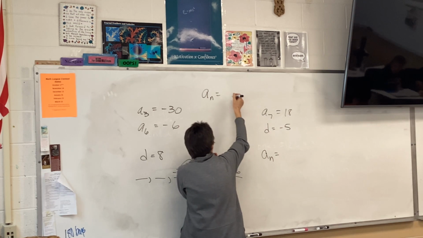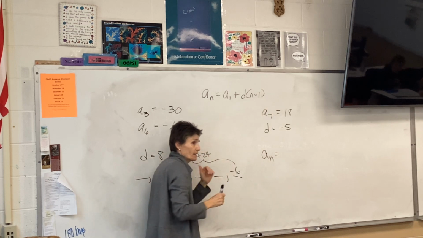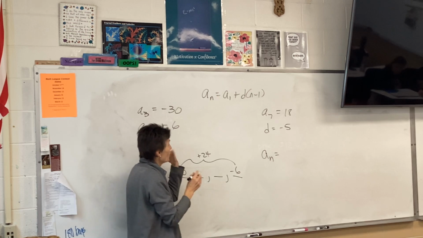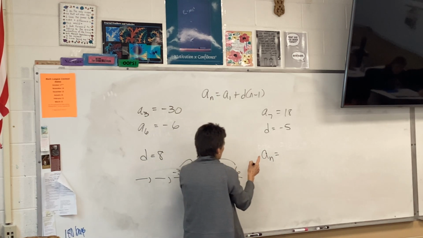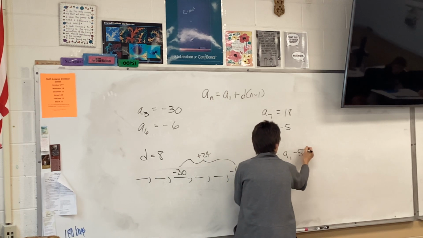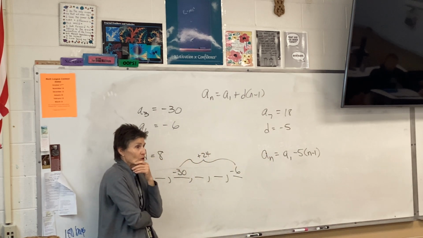There are a couple of them, but the one I had on the board the other day was this one. That's the one you learned last year. So what do I know already? I know that my nth term, okay, and my common difference is negative 5. Would you agree with that? Do I know that much already?